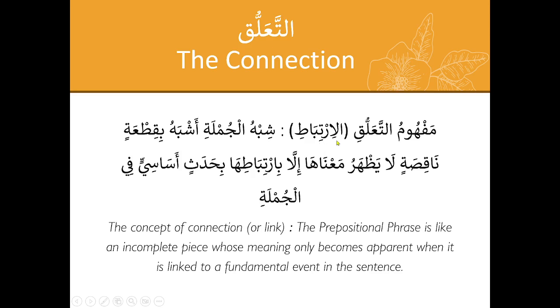You remember when we talk about conditional sentences, or what other cases when we have harfu rabita? Conditional? Anything else you can think of? When you can think of it, let me know. So rabit is link, and irtibat is the link itself.